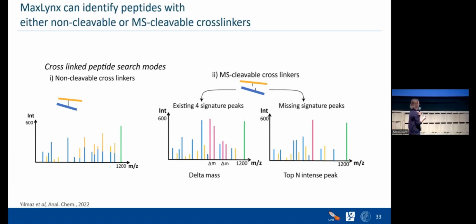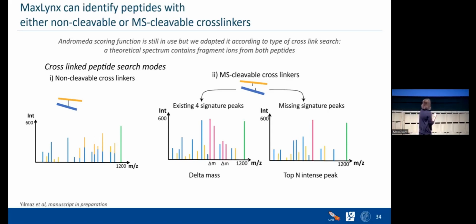In this case, I only have one signature peak, and it is actually on the most intense peak. The studies show that top n equal 3 gives the best results, so that's why we keep this default value in our algorithm.